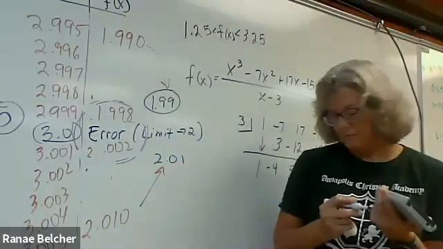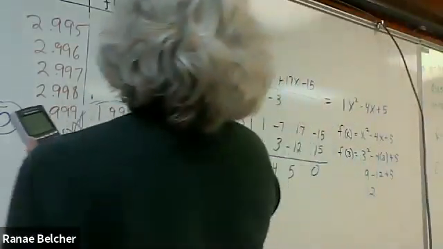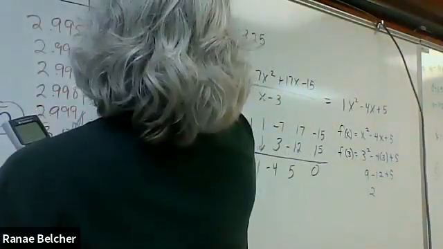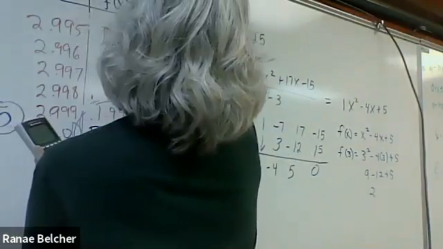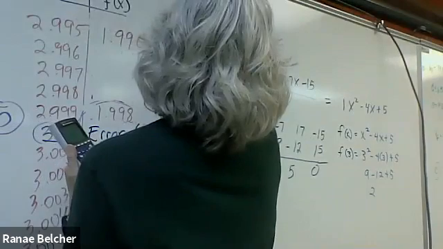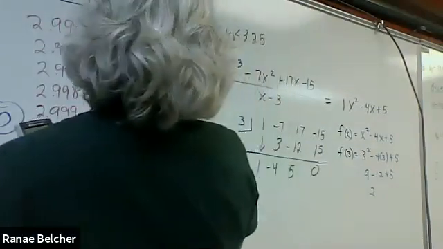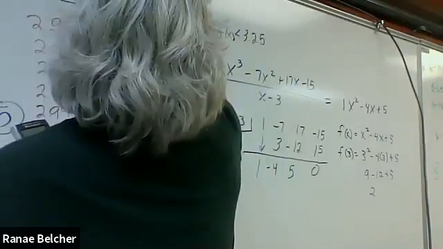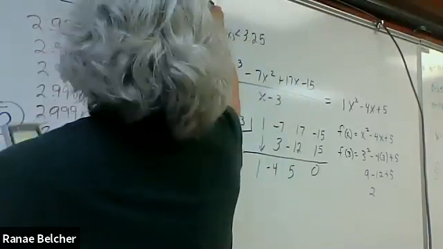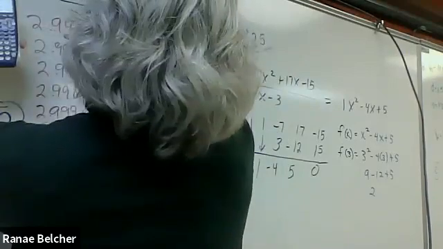And so according to this, if I want my f of x to equal 2 plus or minus 0.01, right? Then x, what does x have to be? It has to be 3 plus or minus 0.005.